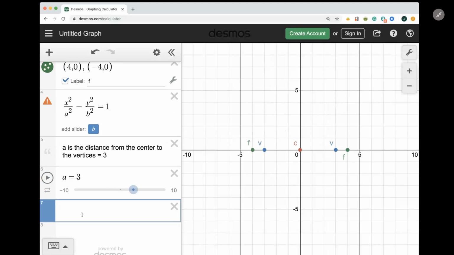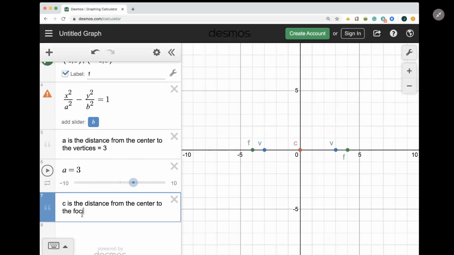And what the foci tell us, unfortunately, is not b. The foci tell us something else. It's something that's called c, which we don't find directly in this equation. But it's important. So c is the distance from the center to the foci.